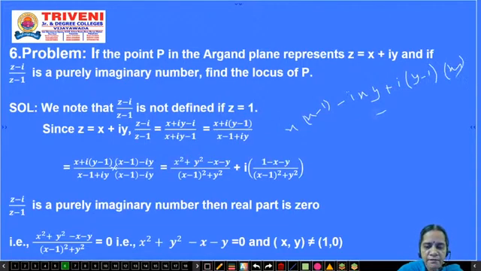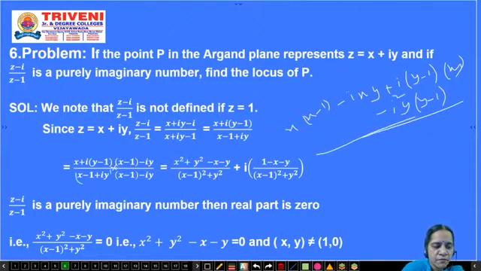Minus into minus, plus into minus, i into i square, y into y minus 1. In the denominator part, this is in a plus b form, this is in a minus b form. A plus b into a minus b means a square minus b square, that is x minus 1 whole square plus iy whole square.